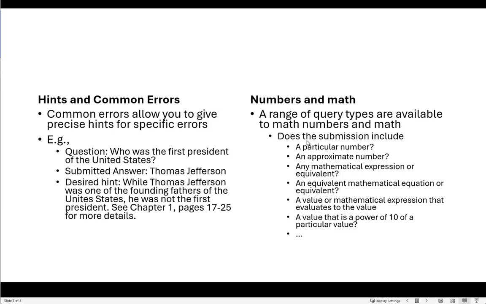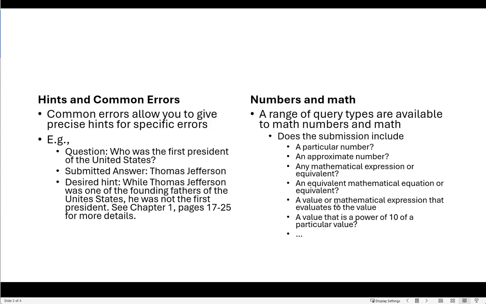And we can check things like, does this submission include a particular number? Does this submission include a number which is approximately equal to something? Does the submission include a mathematical expression which is equivalent to something? Does it have a mathematical equation which is equivalent to something? Does it have a value or a mathematical expression which evaluates to that value?